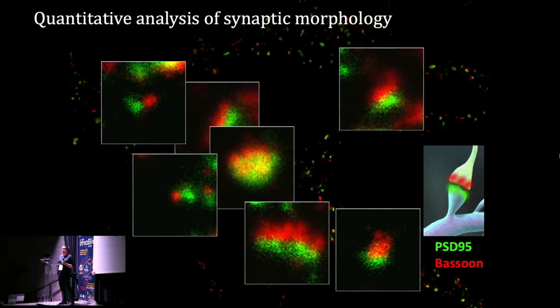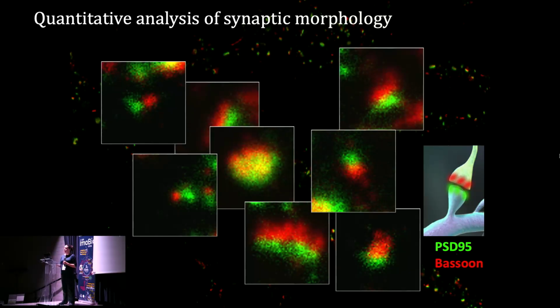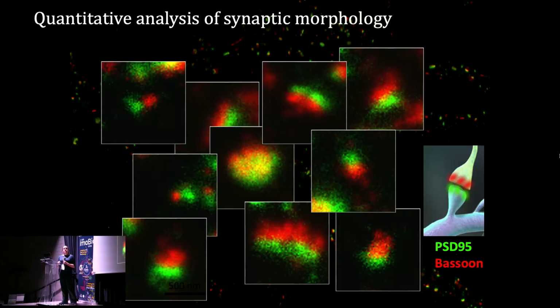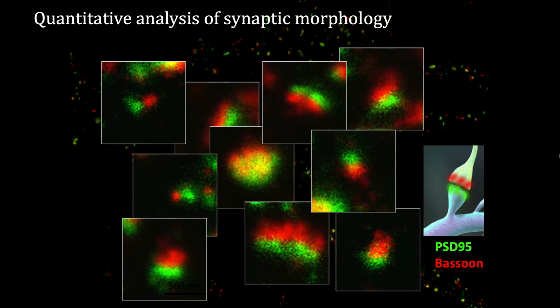Capturing the heterogeneity of the population is very important for us, as synaptic plasticity will not affect all synapses in the same way. So we wanted to develop a method that would be able to capture this heterogeneity with minimal annotation or intervention from an expert.